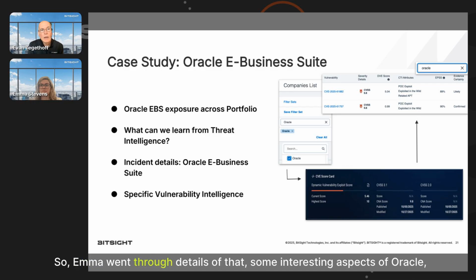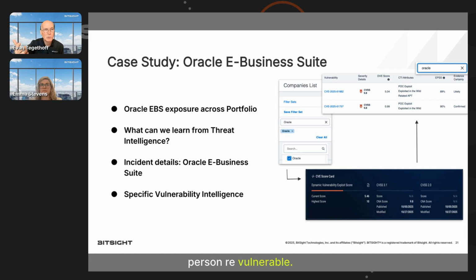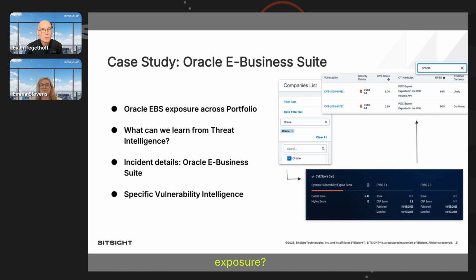So to bring it back to the Oracle case, Emma went through details of that, some interesting aspects of Oracle, obviously a huge supply chain partner for many organizations, but also just the changing nature of what happened there. There was a vulnerability that was, it's a bad way of putting it, but I'm a GRC person, re-vulnerable. It was vulnerable again. So in our platform, you can look across the supply chain and say, what is my exposure?